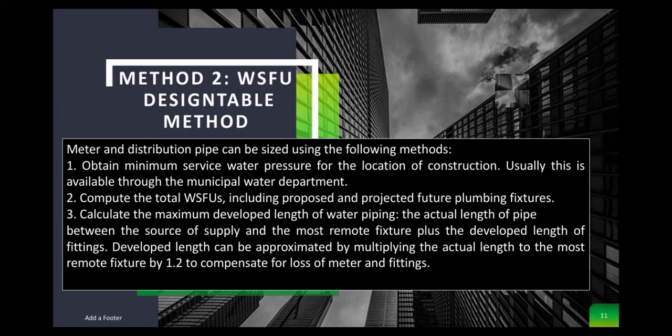Three, calculate the maximum developed length of water piping, the actual length of pipe between the source of supply and the most remote fixture plus the developed length of fittings. Developed length can be approximated by multiplying the actual length to the most remote fixture by 1.2 to compensate for the loss of meter and fittings.